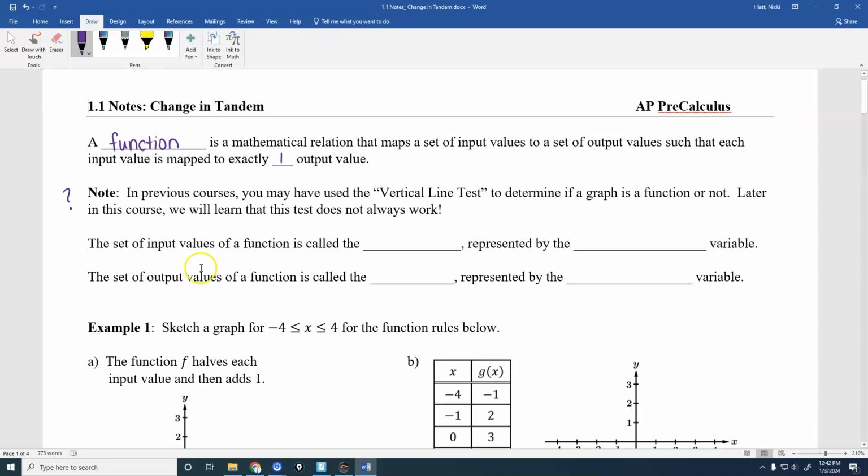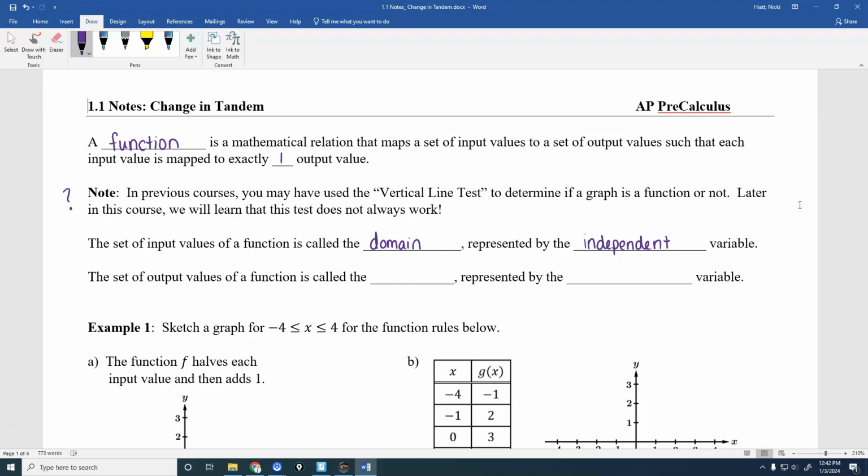So that's there. Input values are called the domain, and that is represented by the independent variable. Now, I've got all this definition here, and it talks about input values, domains, independent values, and I've not used the letter we think of most.